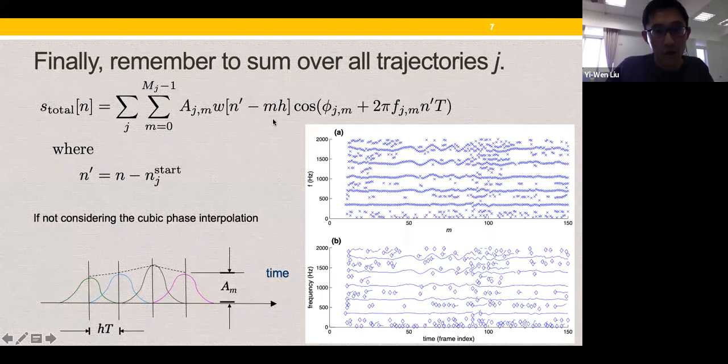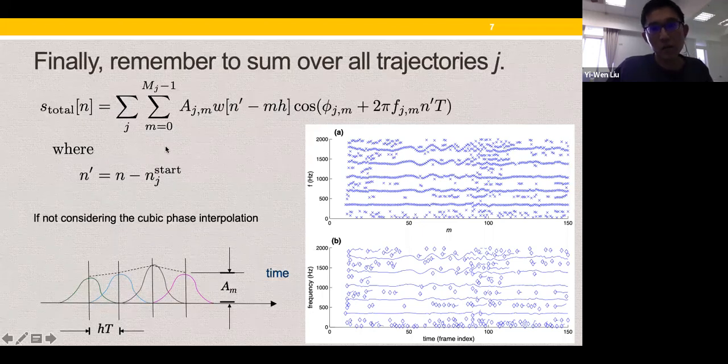Then at every frame, you need to consider the amplitude times cosine of the correct phase, and how they update, and also the frequency needs to vary according to the estimated frequency. But just remember, one way or another you need to sum up over all trajectories.